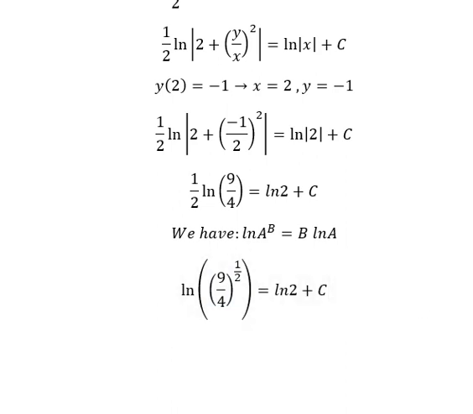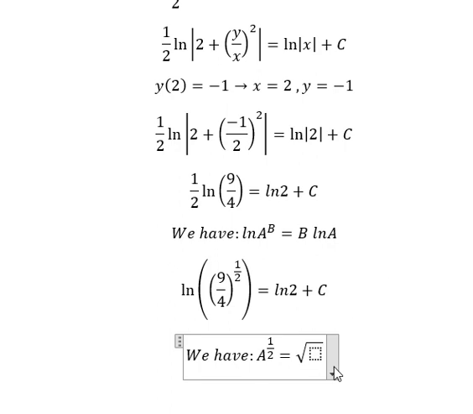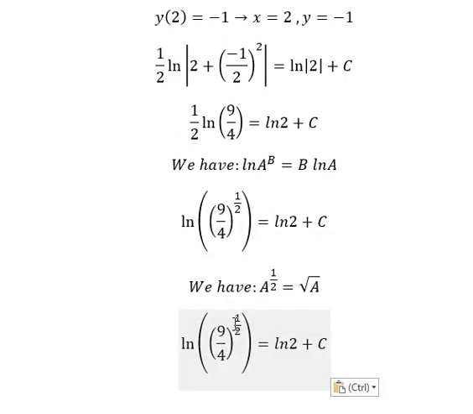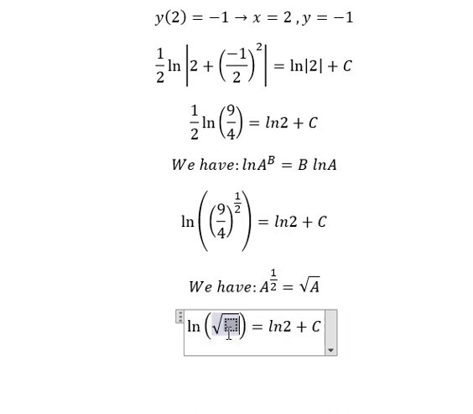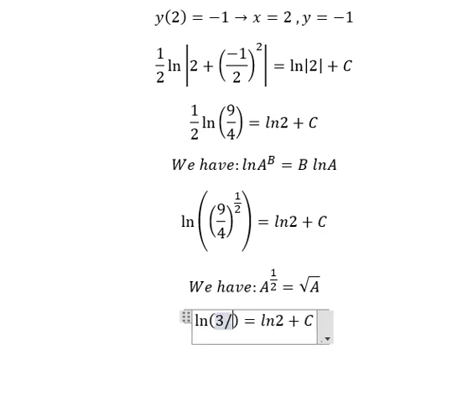We know that 8 to the power of 1 over 2 is the square root of 8. So this one we have the square root of 9 over 4. And this one we have 3 over 2.